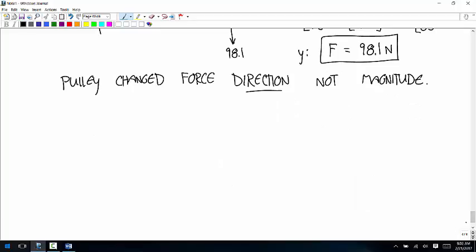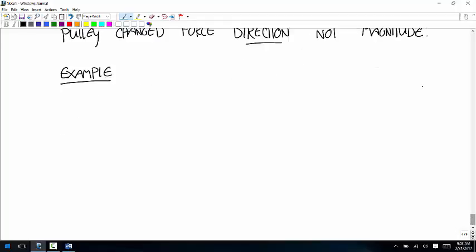Okay, so let's do another example. Let's say, again, we have a pulley hanging from the ceiling and a 10 kilogram mass over here, and a 5 kilogram mass here.